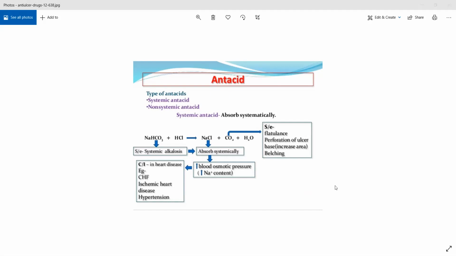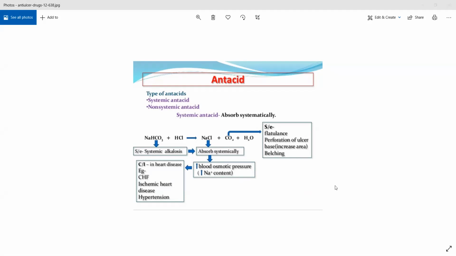Now, another side effect that can occur with systemic antacids is that when they are reacting with HCl, they are also making carbon dioxide. This carbon dioxide will cause flatulence, flatulence as in gases. Other than that, whenever excessive amount of carbon dioxide is present inside your stomach or released inside your stomach, it can cause perforation of ulcers.